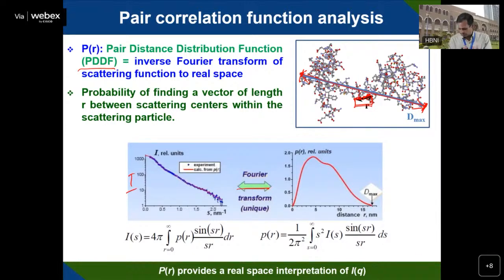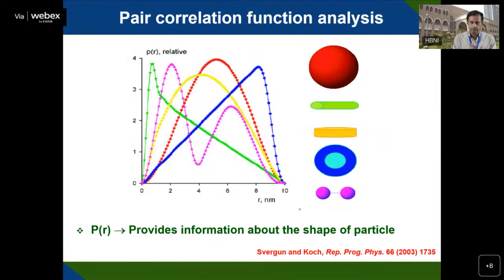From there you get this type of equation, the intensity is equal to the pair function P(R) into sin(SR) by SR into P(R). I will not go into the detail of that equation; you'll find it in any X-ray scattering book. So this P(R) mainly provides the real space interaction of the I(Q) intensity you get.